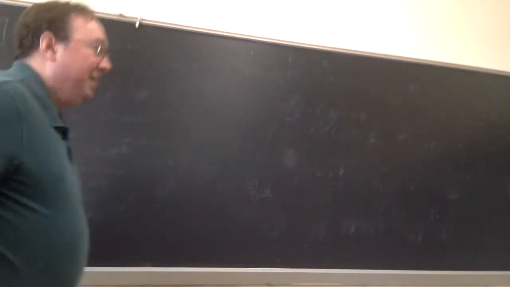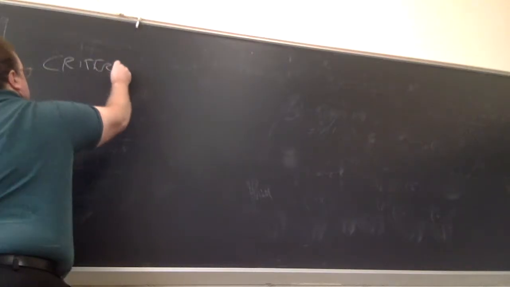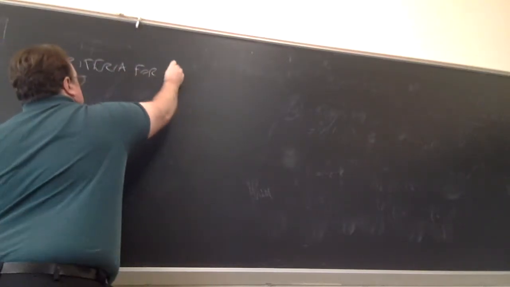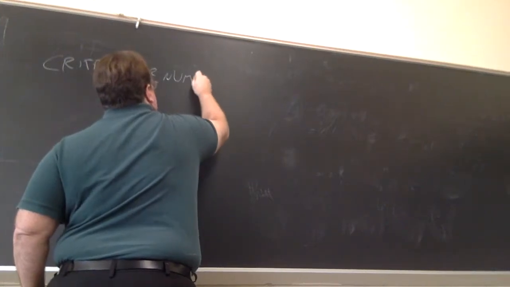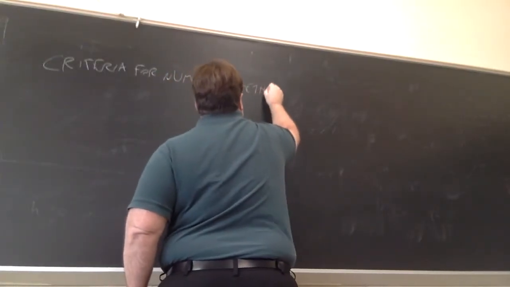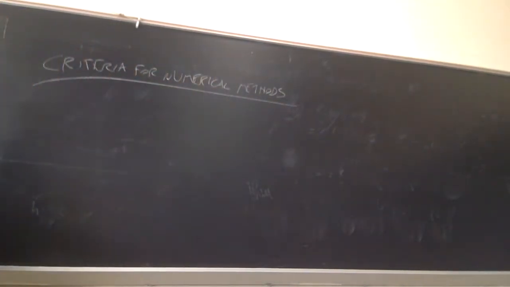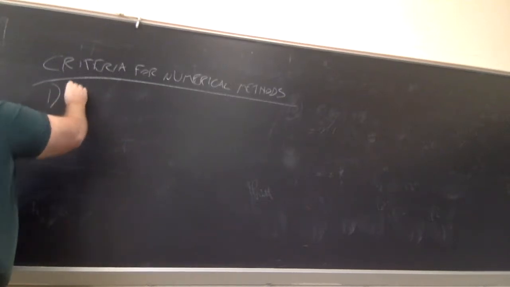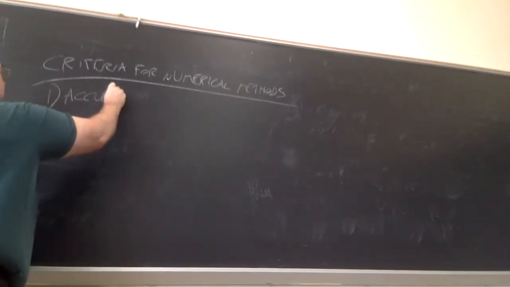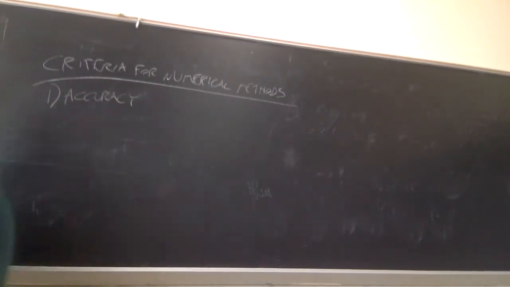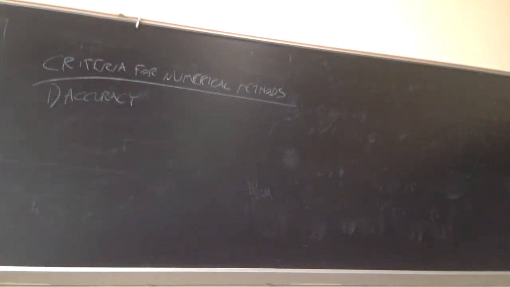We'll go with that. Okay, so criteria for numerical methods. It's not like when you're working out problems on paper where all you want to do is just get the dang answer. So first, the most obvious one is accuracy, and you might be thinking, well, duh.